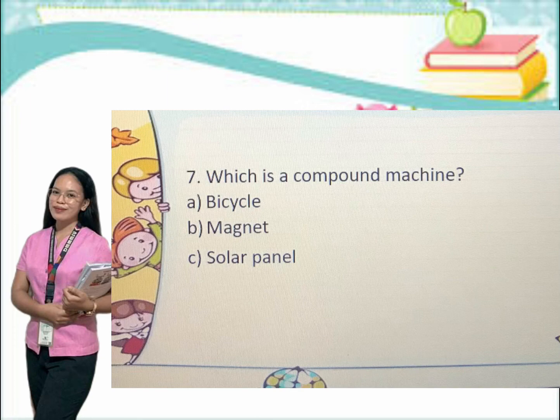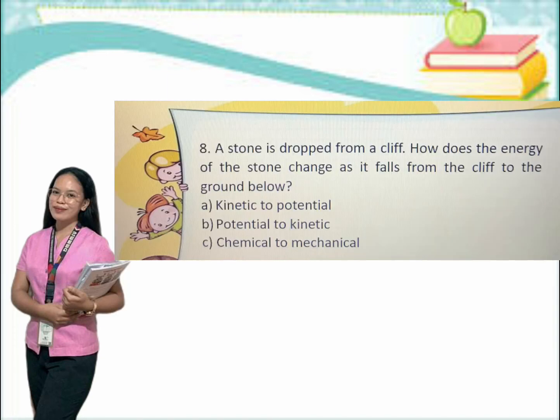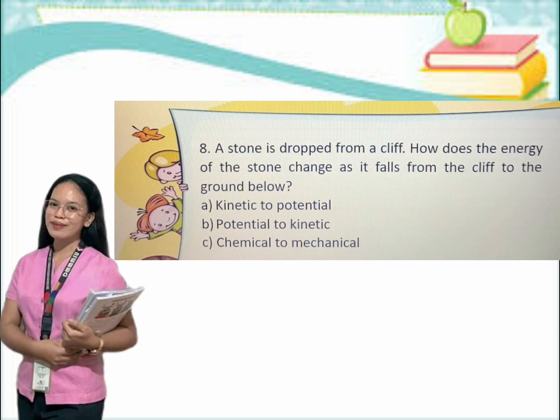Or C. Solar panel. Now here is the last question. A stone is dropped from a cliff. How does the energy of the stone change as it falls from the cliff to the ground below? A. Kinetic to potential. B. Potential to kinetic. Or C. Chemical to mechanical.